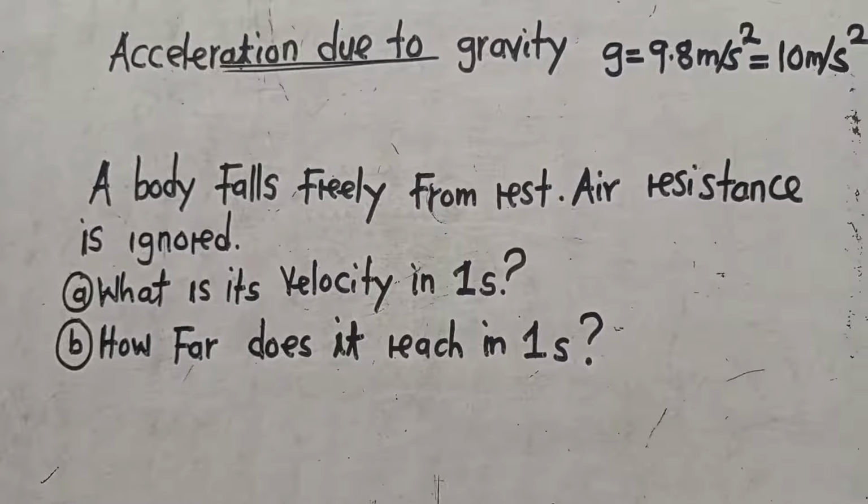You also need to understand that if a stone is dropped from the top of a building, it is going to accelerate downwards. If you release a stone without applying any force, it will start from rest. That process is what we are calling free fall.